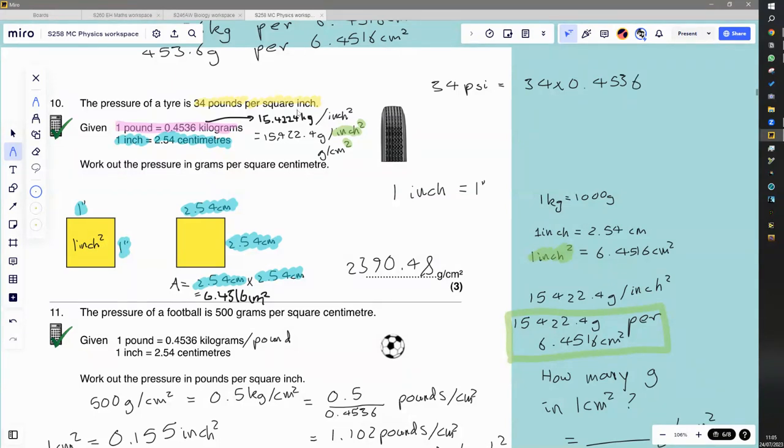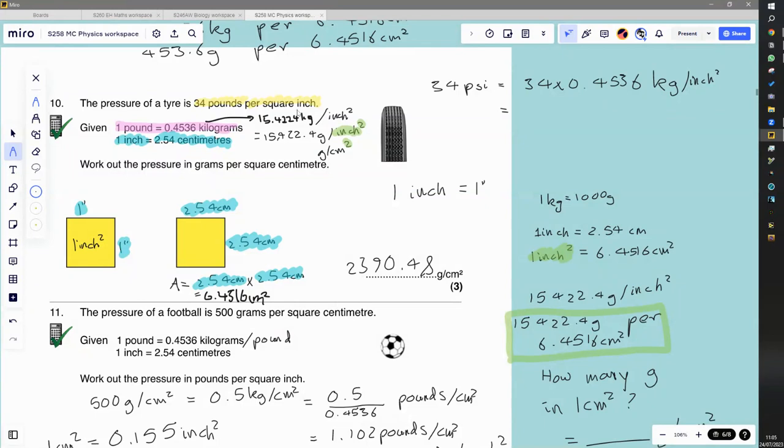It's already written down here more roughly, but I'll go through it again. This is going to give you the kilograms per inch squared. Okay, so putting that into our calculator, 34 times 0.4536, and that gives us 15.422. We can see that here.